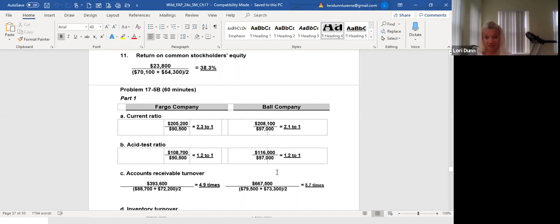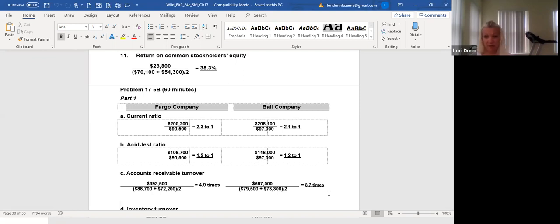Ball does the same calculation. Their net sales, 667,500. Beginning accounts receivables, 73,300. That's on the right-hand side. And then their accounts receivable balance of 79,500. Add those two together, divide by 2. That's your average. Then divide the average into the sales. They're 8.7 times. So they collect their accounts receivables 8.7 times during the year.